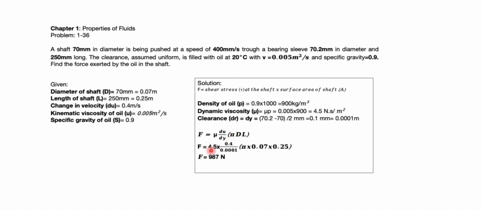So force is equals to 4.5, our dynamic viscosity, times 0.4, our du, divided by 0.0001, our clearance, or dr, or dy, times pi times the diameter of the shaft, 0.07, times the length of shaft, 0.25 meter.